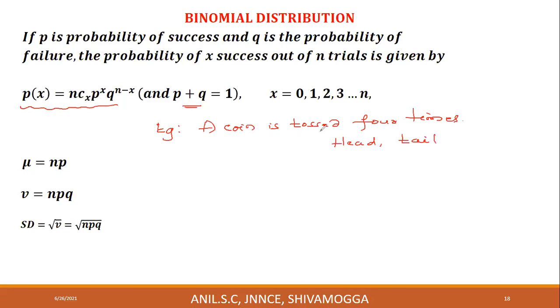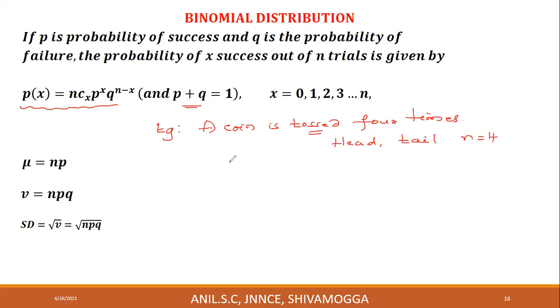The coin is tossed four times. Therefore, we take n is equal to 4. The experiment is performed four times. When you toss a coin, what is the probability of getting head? I take getting head as success and tail as failure. Getting head is my success. Then getting tail will be failure.